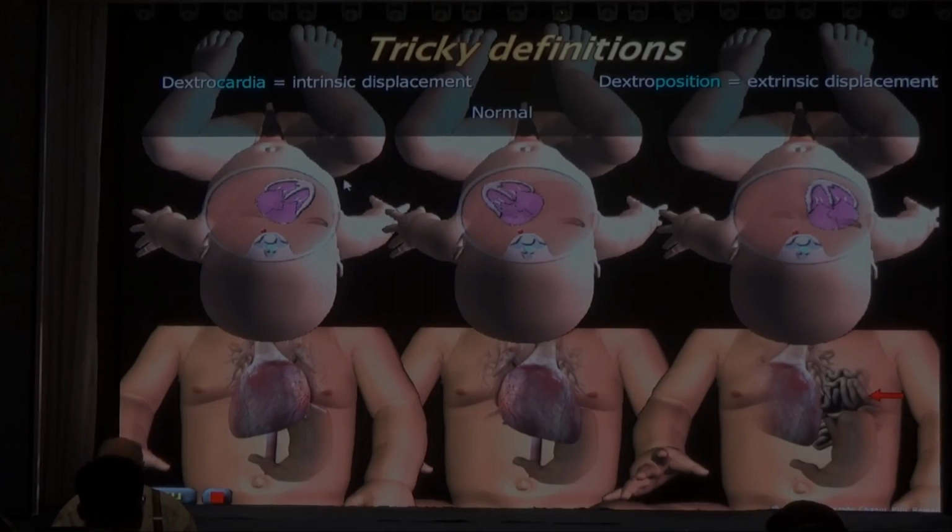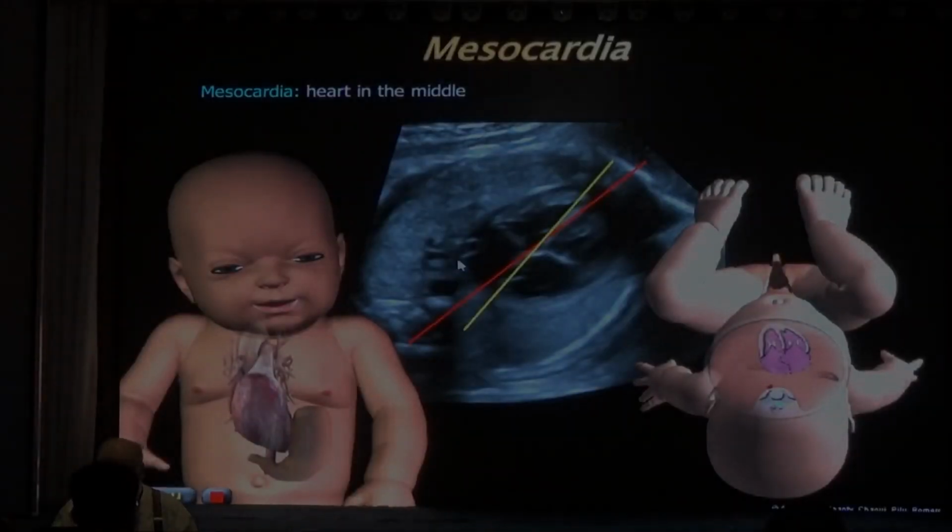So big difference: dextrocardia is pointing to the right side, dextral position is pointing to the front. So here we have mesocardia. The axis of the heart is aligned with the anterior-posterior line of the baby.